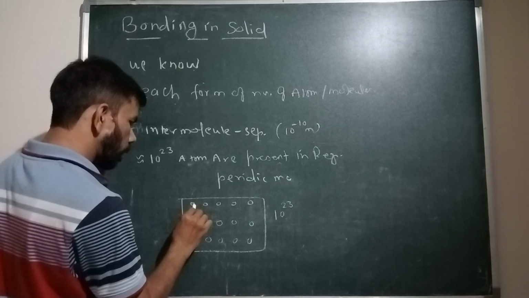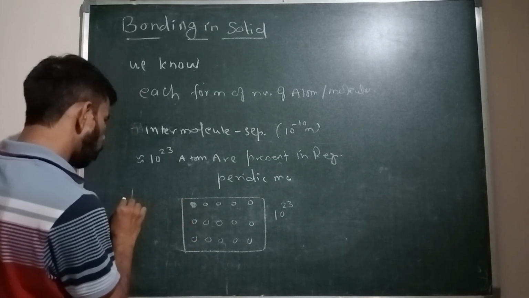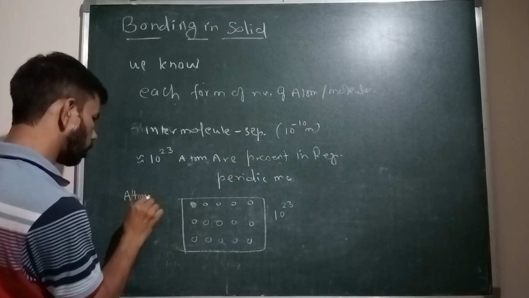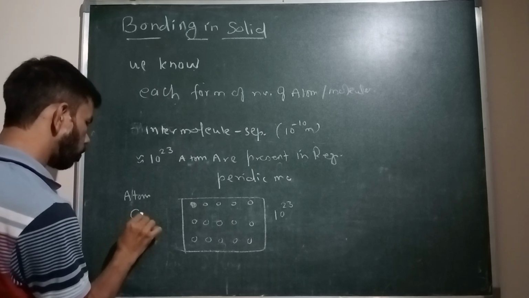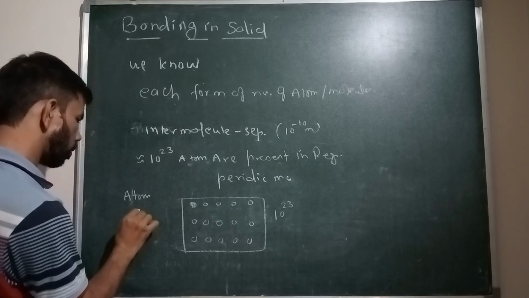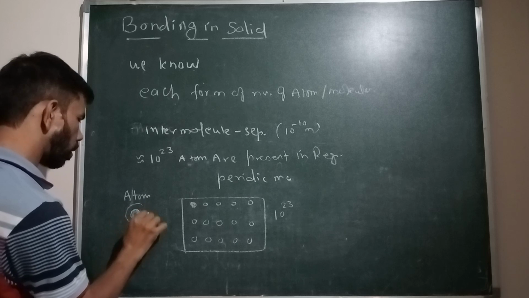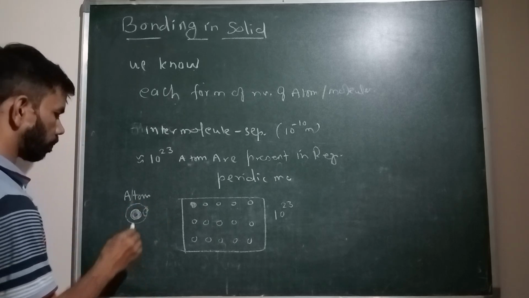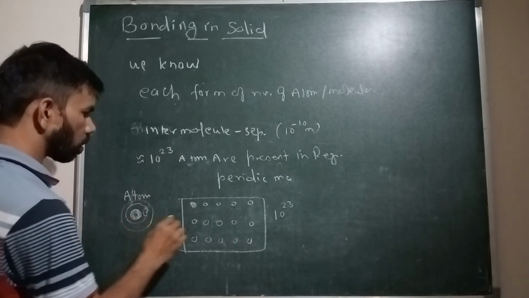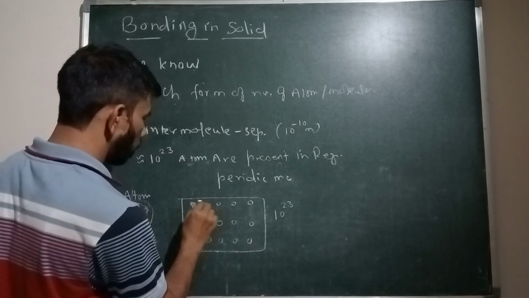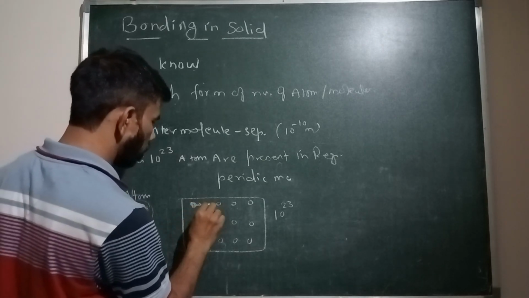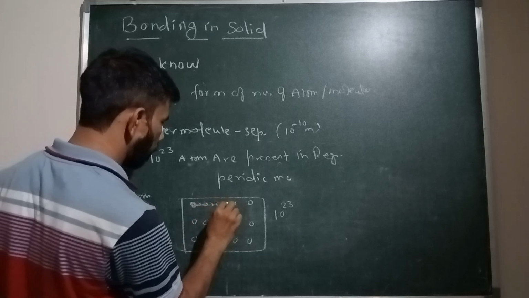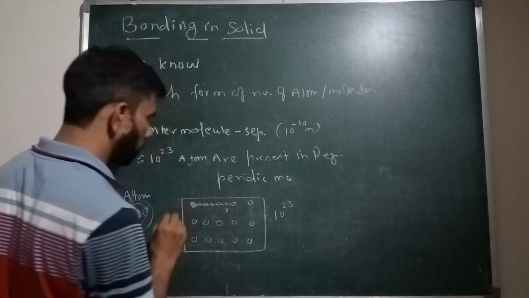So, the atoms are composed of positive nuclei surrounded by electrons. So, all atoms are separated by equal separation.